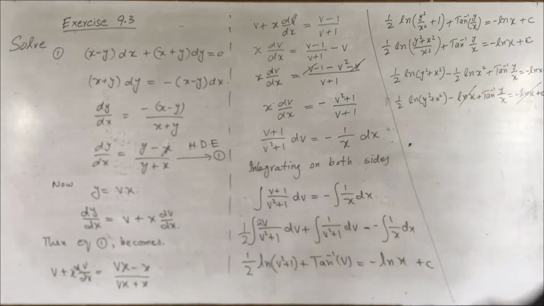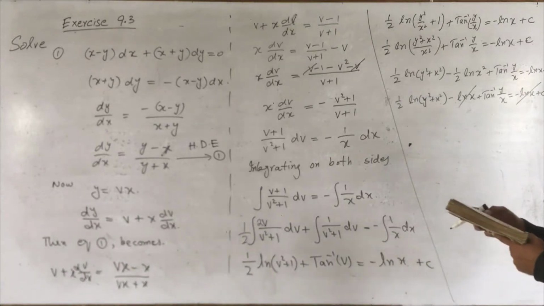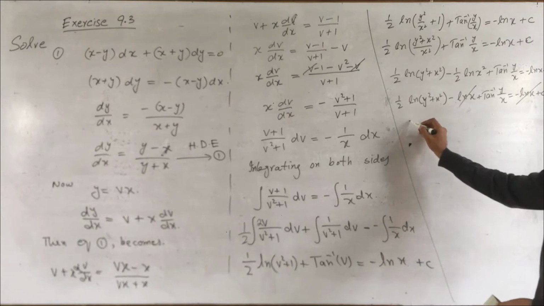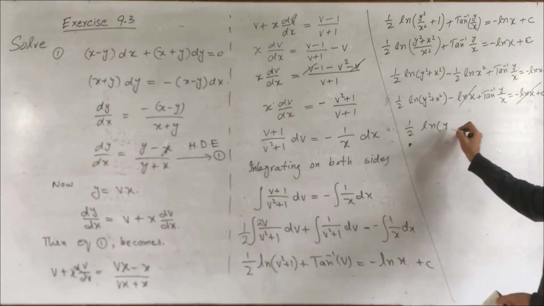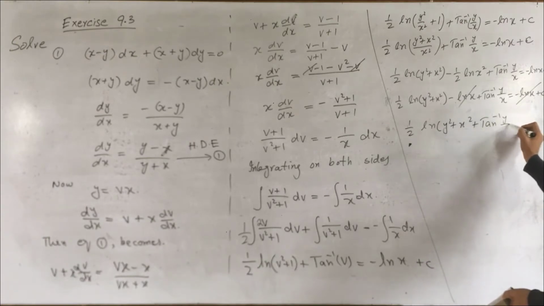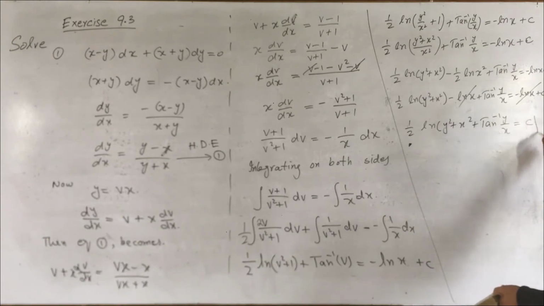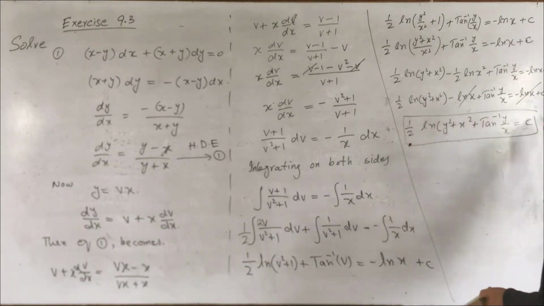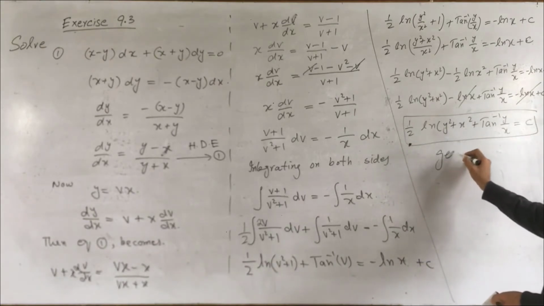This natural log of x cancels out with natural log of x on the other side of the equality. So the equation remains 1 over 2 natural log of y square plus x square plus tan inverse y over x is equal to c, which is the general solution of question 1.